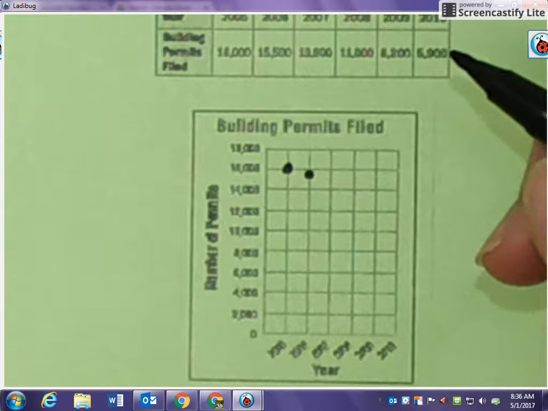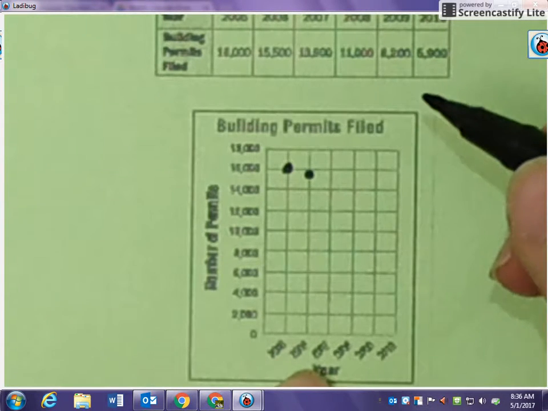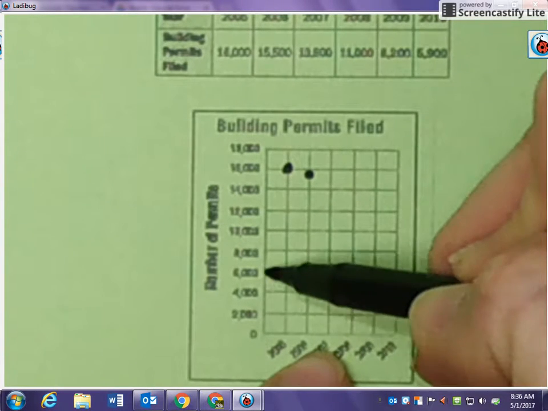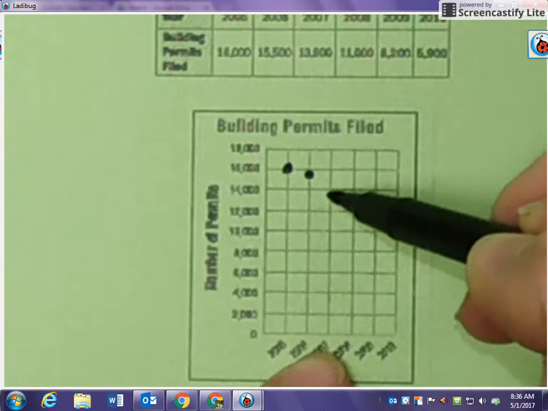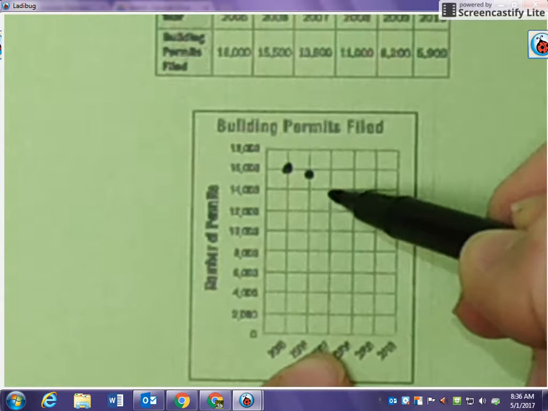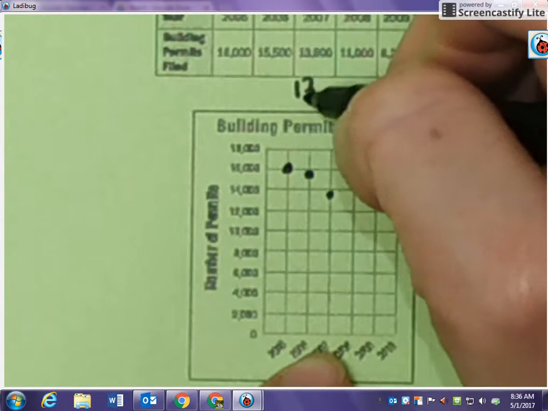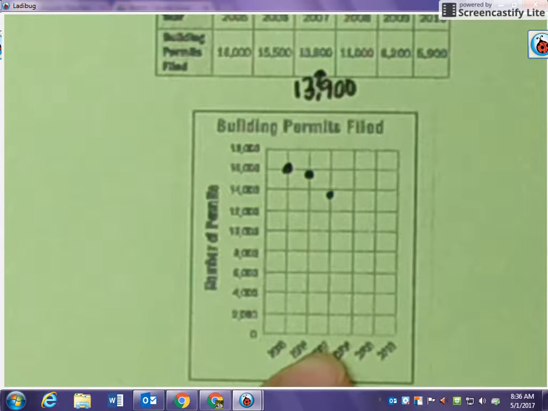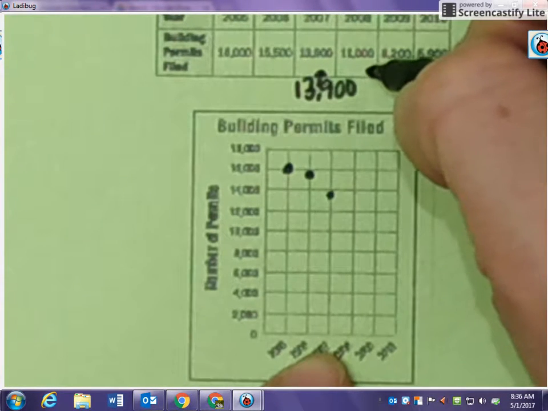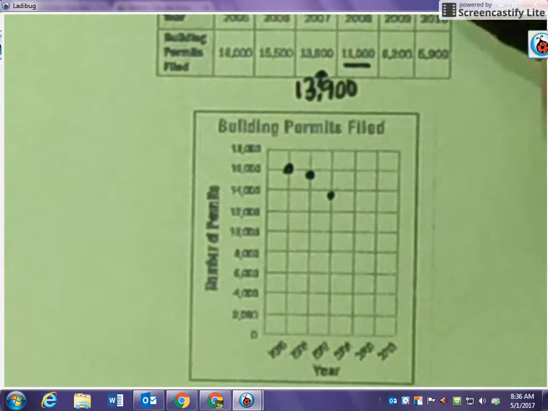I know. Okay, the next year is 2007 is 13,900. So 2, 4, 6, 8, 10, 12. And then that's 14. So I would say it's a little under 14, right? 13,900. You wouldn't say that 13,900 is a little under 14,000? Okay, this one's easy to read, right? 11,000.